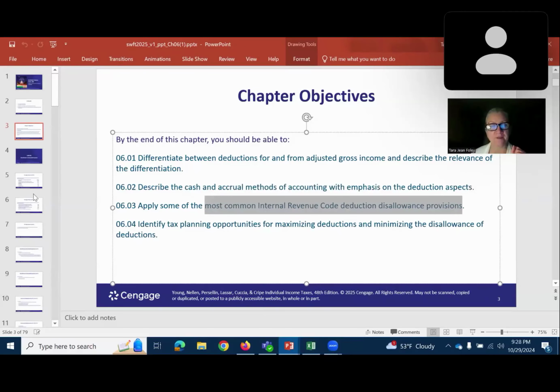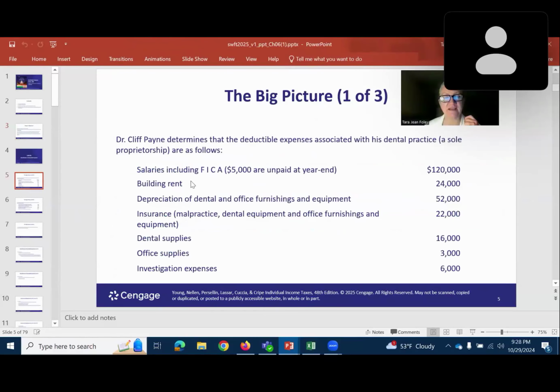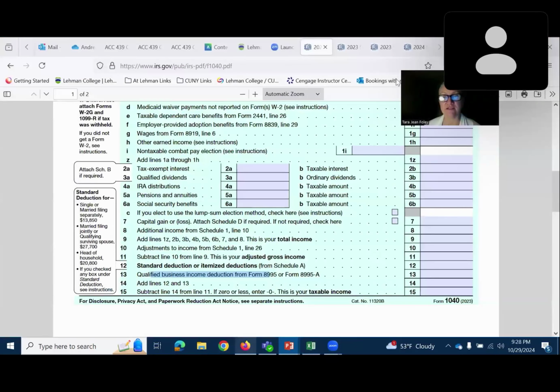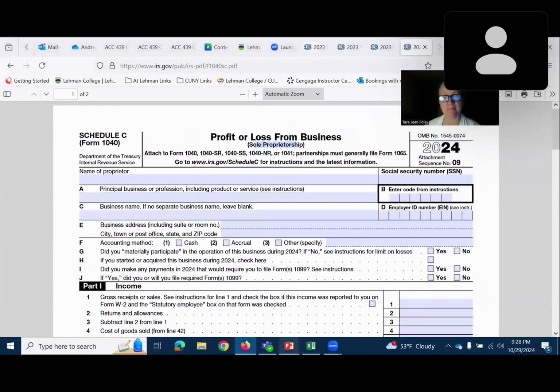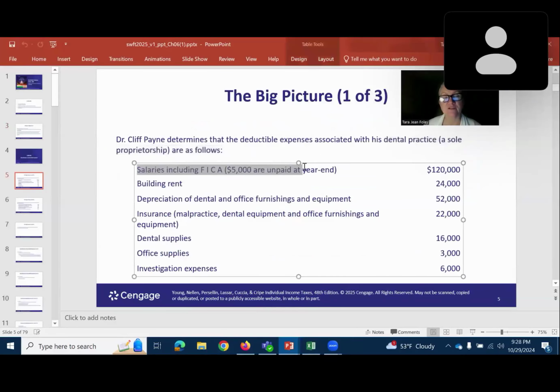What are they? Okay. So we always have a big picture. The big picture today is Dr. Cliff Payne. He determines the deductible expenses for his dental practice, a sole proprietor. Wow. That's Schedule C, right? Schedule C, sole proprietor, tells you it right there. Salaries, including FICA, $120,000. $5,000 haven't been paid yet.